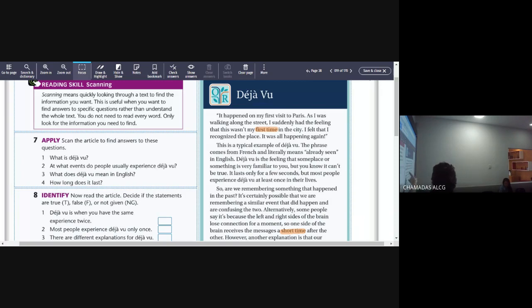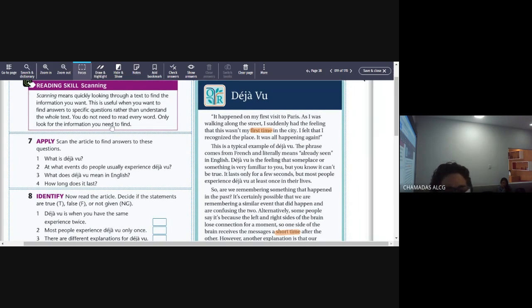Just read the first sentence from beginning to full stop or period. Okay, just from the beginning to the first period. The moment you get to that first period, it's enough. Then you go to the next. Okay?